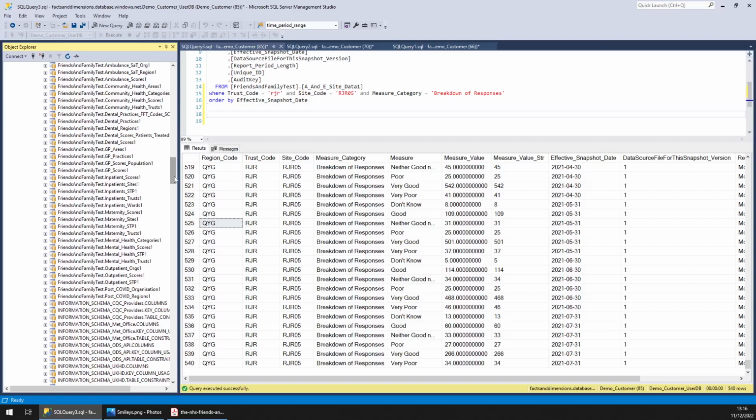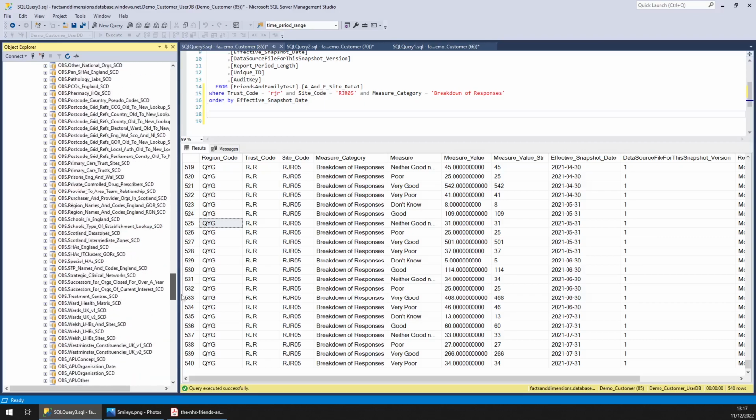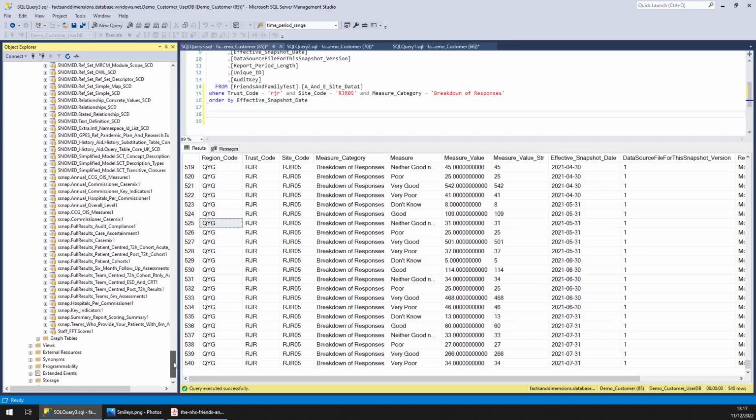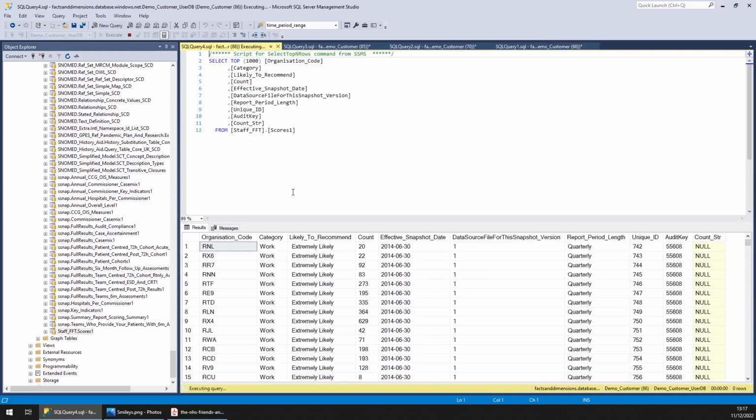You'd want to merge this with the staff FFT one, which I've added here. This one here. And that's where you've got staff that would be anywhere from extremely likely to extremely unlikely to recommend their own department. One thing though with this data set is they did cease not long ago.